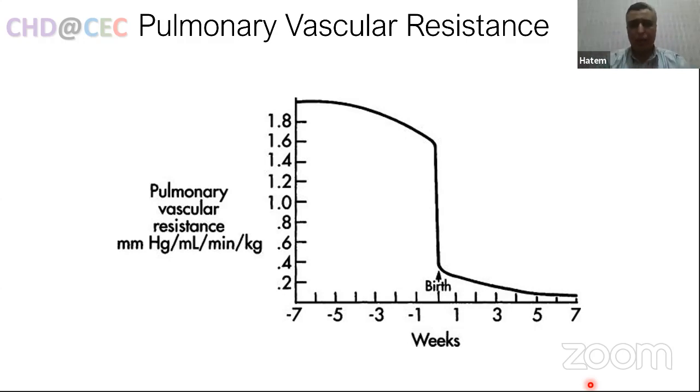The lungs are collapsed, there is no air there, so the lungs are compressing the blood vessels, and the resistance is higher. On the other hand, inhaled oxygen is a potent pulmonary vasodilator, and obviously during the fetal life, there is no inhaled oxygen. And so the pulmonary vascular resistance during the fetal life is actually quite high.